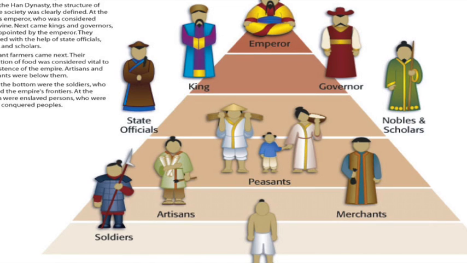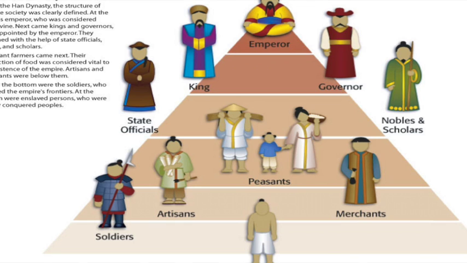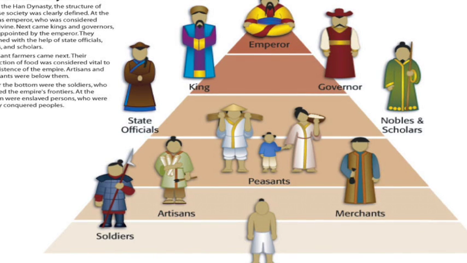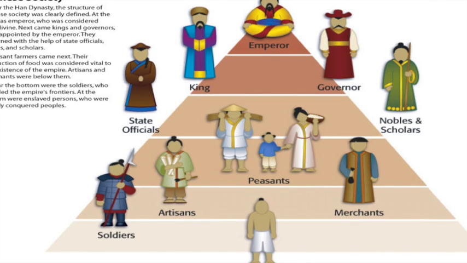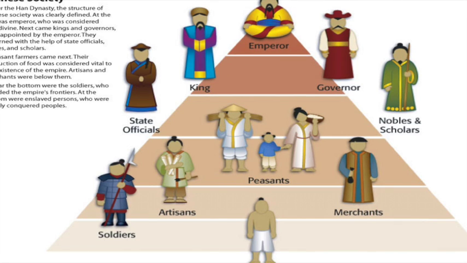Now, let's talk a little bit about why peasants. This is the first time we've seen peasants above artisans and merchants. And the reason for this is what Chinese society values. Chinese society values work, and it values what a person contributes to society.